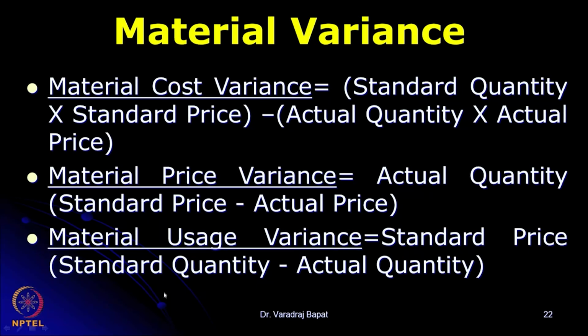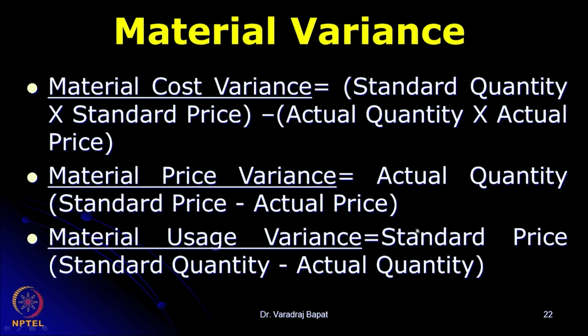But when it comes to comparison of usage, it is something happening in the factory. So, instead of consuming standard quantity, we have consumed either more or less quantity. But the workers or supervisors in the factory do not know anything about actual market prices. They only know the standard market price.